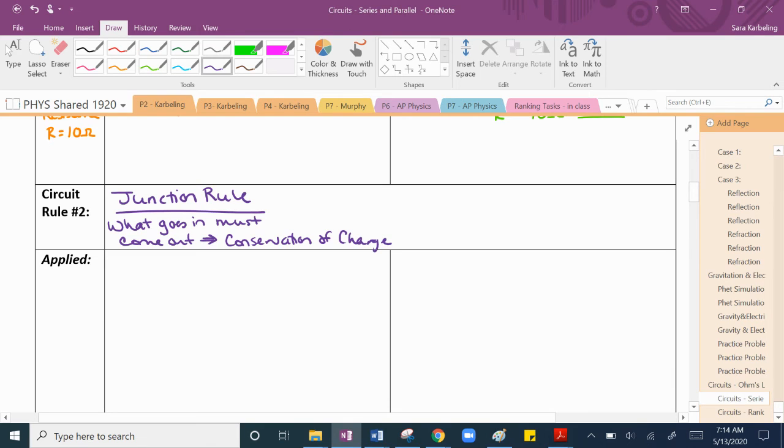And basically what the junction rule says is that the total current, that's the flow of charge, okay, at the start and end of a circuit must be the same.